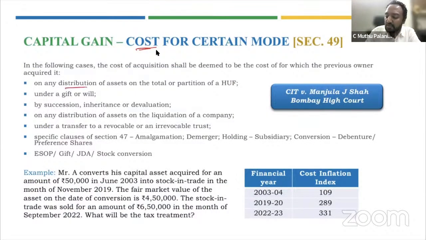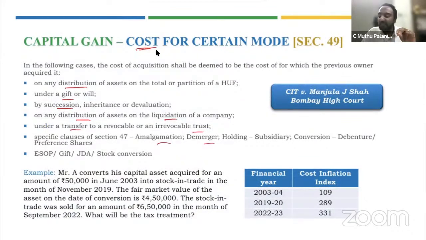Wherever it is on distribution, on gift, on succession, on distribution of assets at the time of liquidation, or transfer through a trust. During these situations, or amalgamation, demerger, the previous owner's value will be considered. So father giving to son, the cost of father is also the cost to the son.